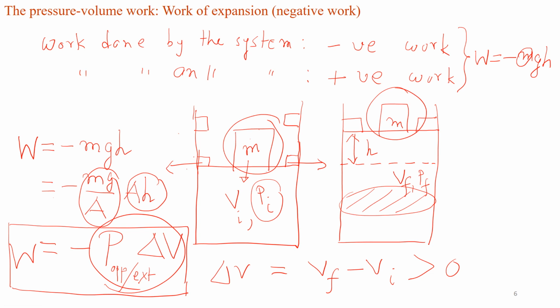This is in accord with our convention that if the work is done by the system, we'll take it as negative. That's why we had to introduce this negative sign. Now it is clear why we took the negative sign in the expression for work.